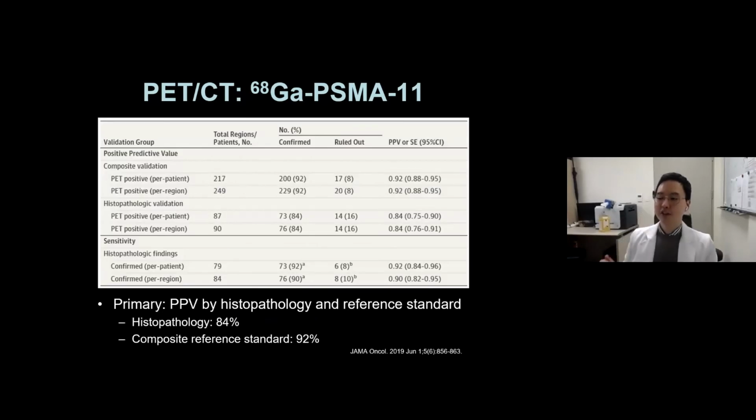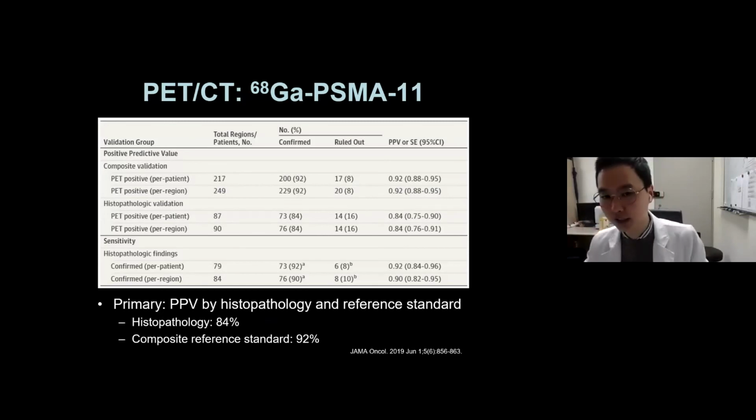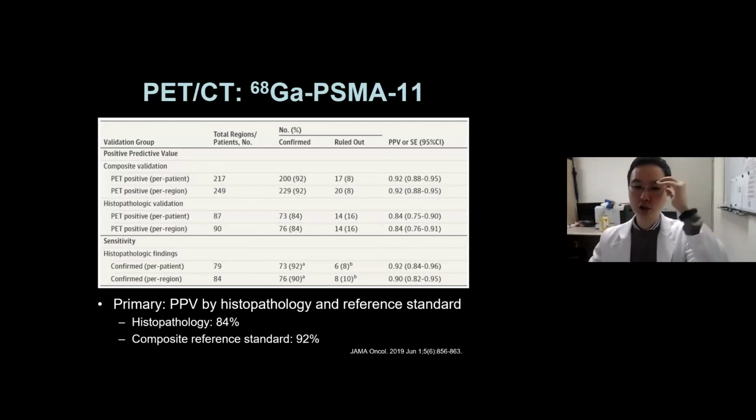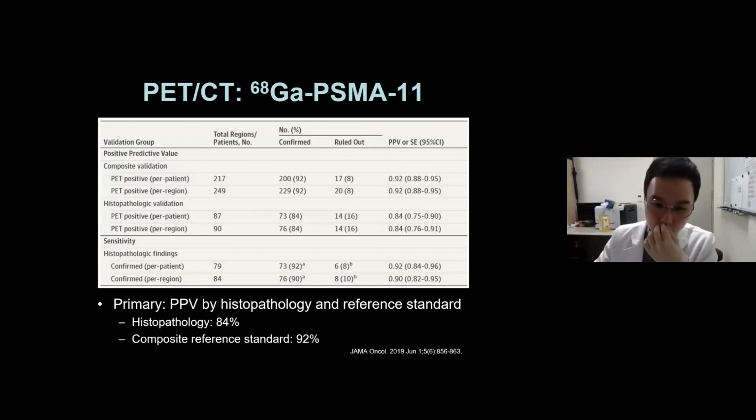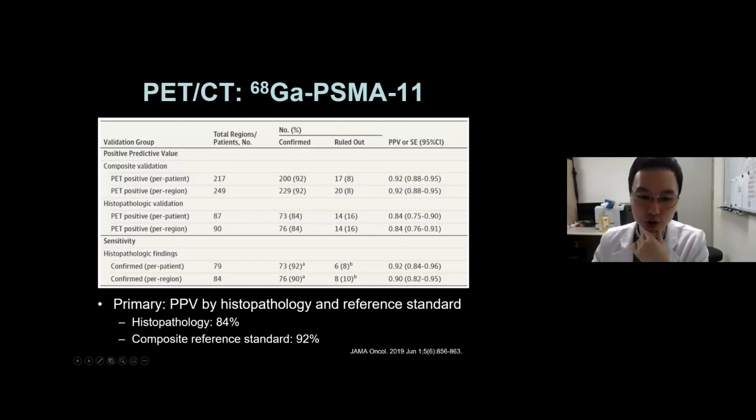So from these results, there have been 2 studies actually were mainly reviewed for FDA approval. And one is this study. And this trial actually enrolled 635 patients who had rising serum PSA levels after initial prostate surgery or radiotherapy.